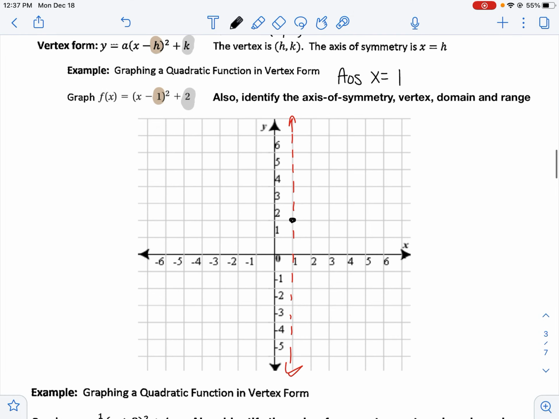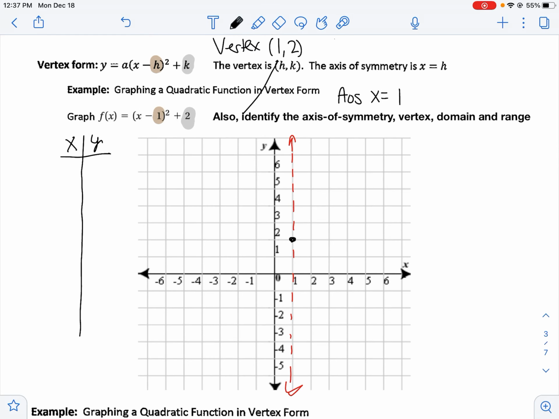All right, so once we have that, we can go ahead and graph these again. So we know the vertex is right over here, I'll put (1, 2). I'm going to choose 2 x values on one side, 0 and negative 1. And then I'm going to choose 2 x values on the other side, 2 and 3.